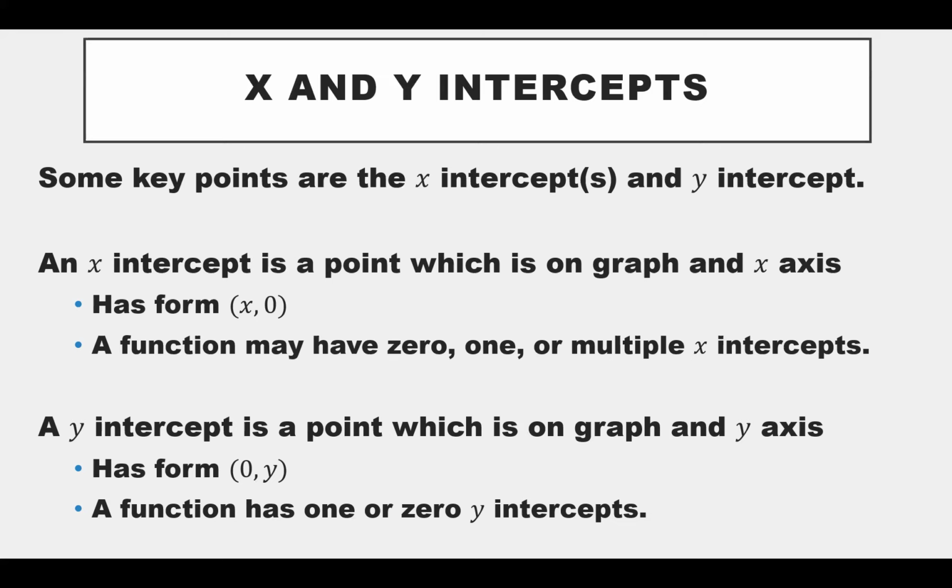With absolute value functions, the ones that we're looking at anyways, they will always have 1 y-intercept. So absolute value functions can have 0, 1, or 2 x-intercepts. Absolute value functions will have 1 y-intercept. Again, the absolute value functions that we're looking at.